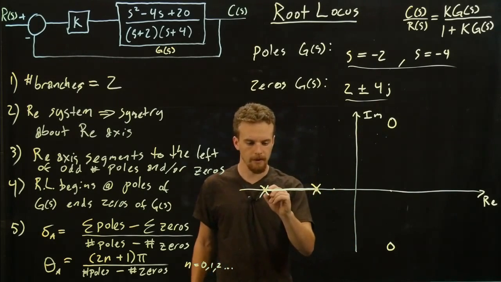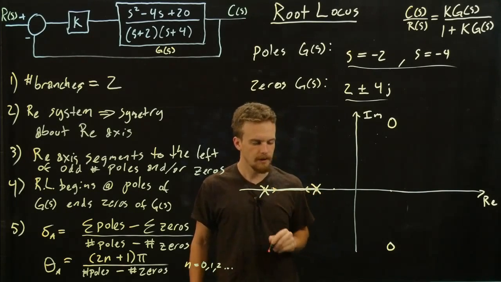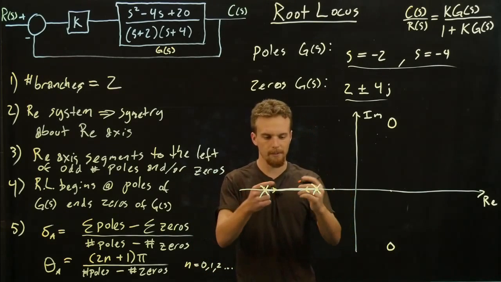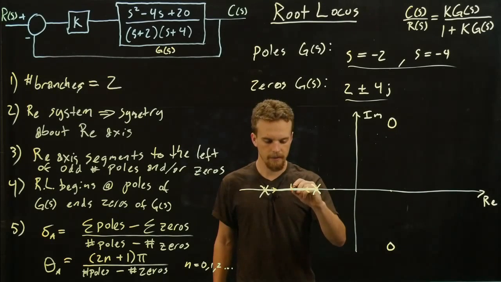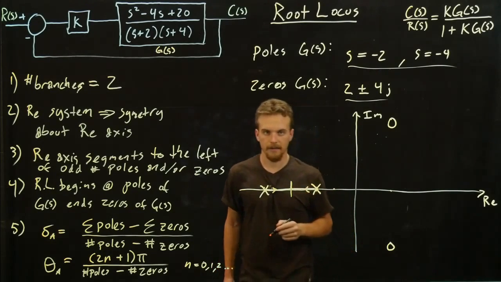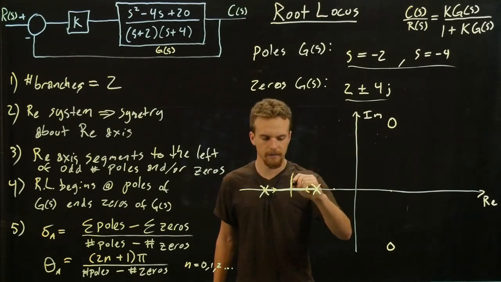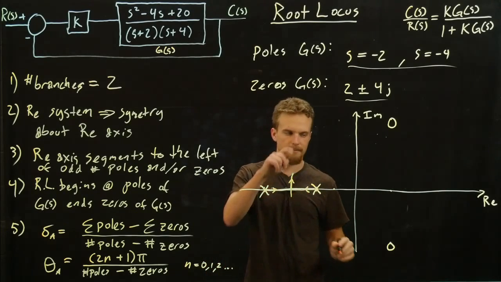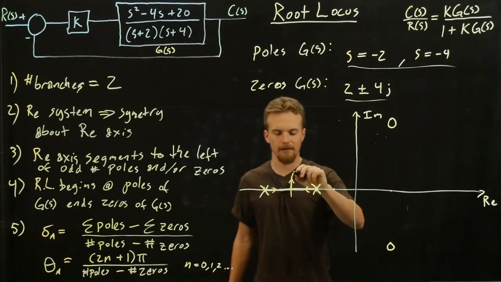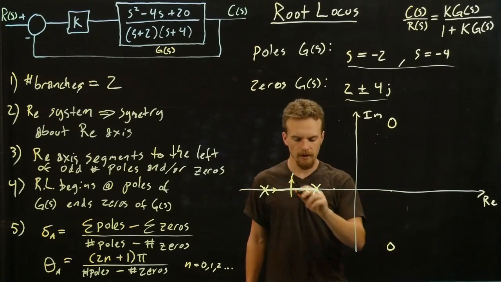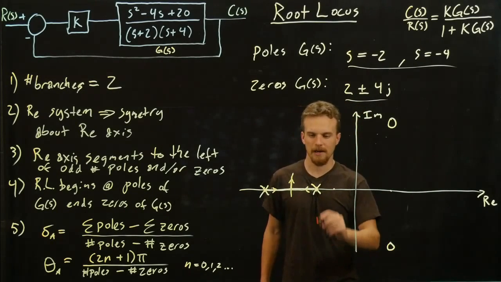So let's see if we can draw that. One would start here. I'll draw little arrows showing what they're doing as k increases. At first they'll start moving towards each other until they meet at some point and just can't go anywhere else, and they'll break off the real axis. And remember, we have to maintain symmetry. So we have these paths moving, and they have to do the same thing. At this point, we know that this path right here has to end up here. And we know that this one has to end up down here. And we know that it's going to take some kind of curved shape.